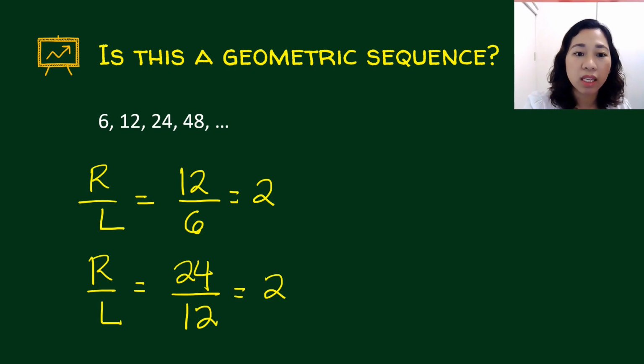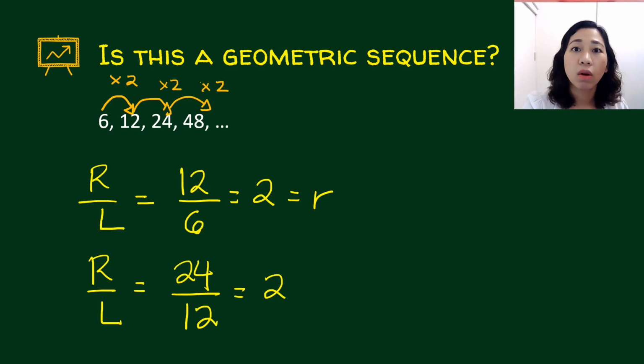This 2 here is our common ratio R. So that means that this geometric sequence is defined by repeatedly multiplying by 2, right? So 6 times 2 is 12. 12 times 2 is 24. 24 times 2 is 48. So the answer here is yes, with common ratio equal to 2.